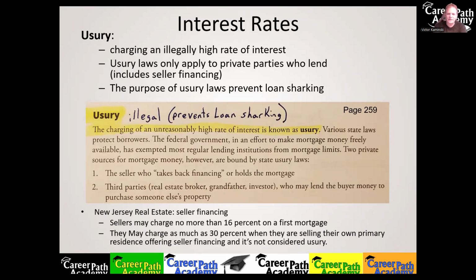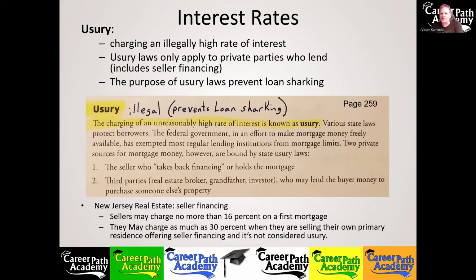They lend you a lot of money, and you better pay it back, even though it may be at a really high rate of interest. Otherwise, they may break your legs or something. So it's to prevent these kinds of illegal lending practices, usury laws. At least that's what they say.